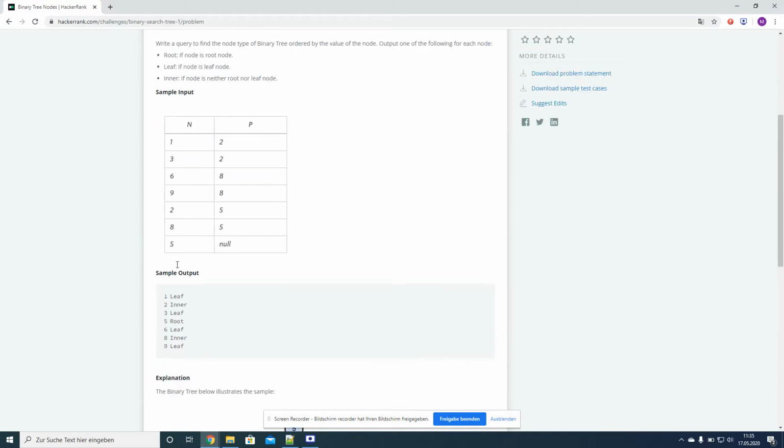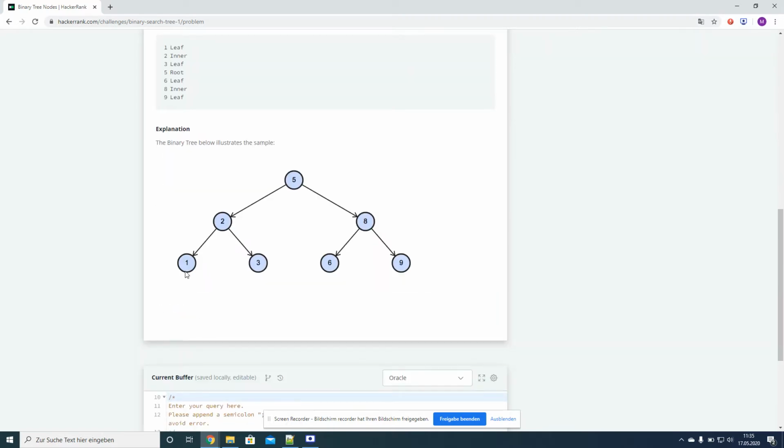So 1 is a leaf. Why is 1 a leaf? Because 1 is a leaf and the parent is 2.